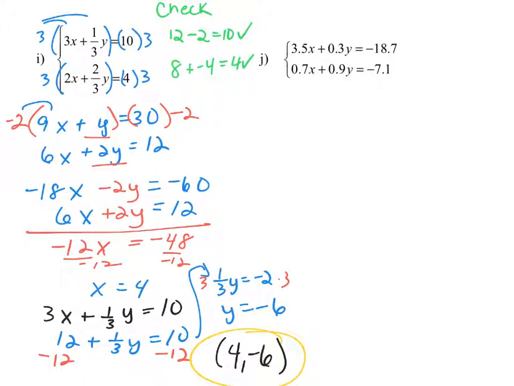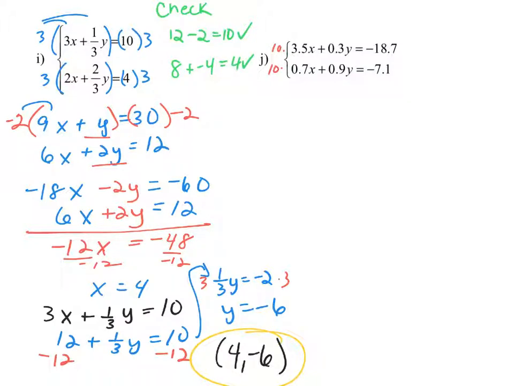In this example, letter J, we have decimals, and it would be easier if these were integer coefficients, so without any decimals. One way to do that is to multiply everything by 10, since each one of these numbers has only one digit after the decimal. So by multiplying the whole first equation by 10 and the whole second equation by 10, we'll end up with two equations without any decimals.